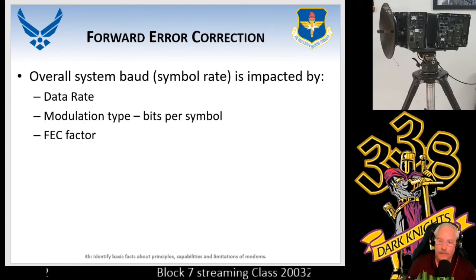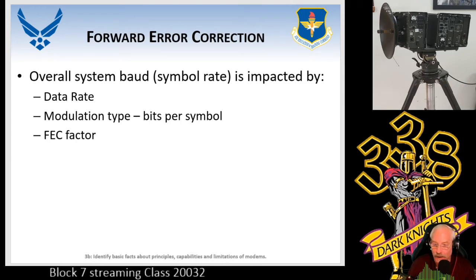Why is it that we go through the types of modulation and forward error correction? Well, you need these two along with data rate to figure out overall baud rate or symbol rate. So you have data rate, modulation type, and this is where that bits per symbol comes into play.